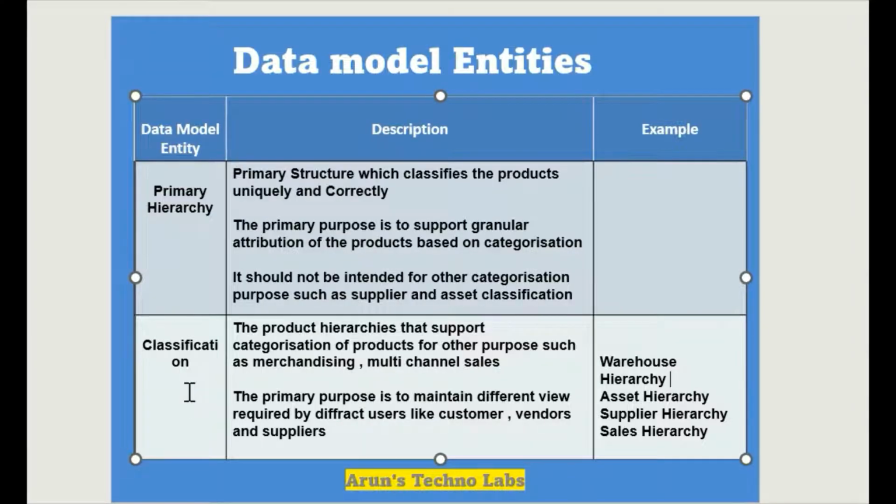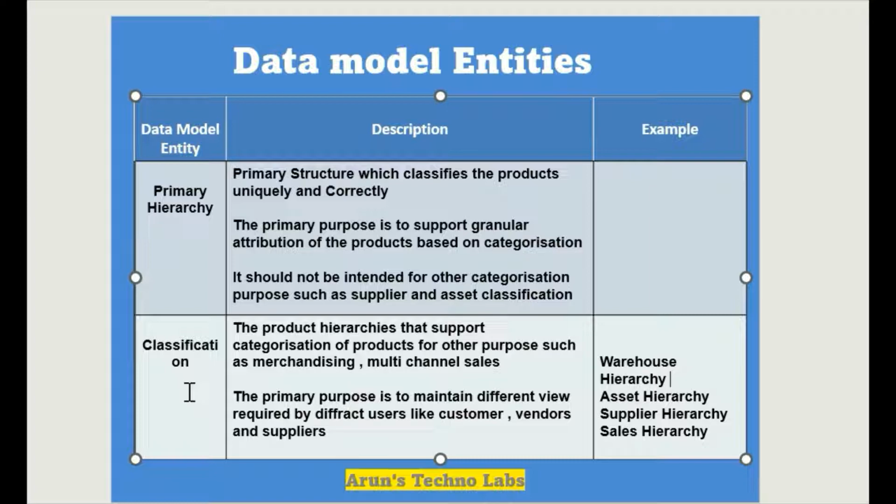The primary hierarchy classifies the products uniquely. Basically, we represent the primary hierarchy as a blue folder. It is a basic step for defining any hierarchy, so that it defines any product uniquely and correctly.